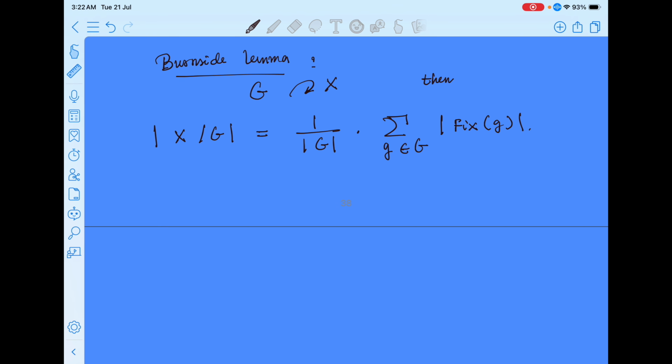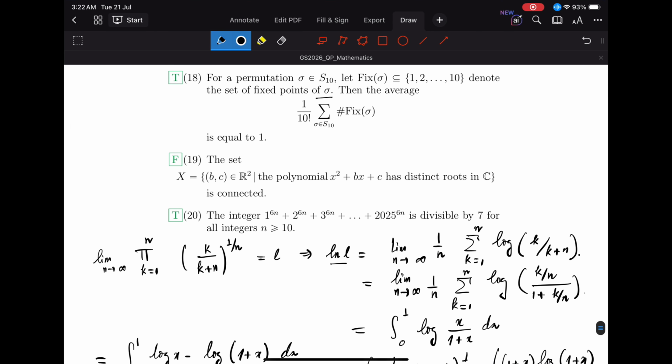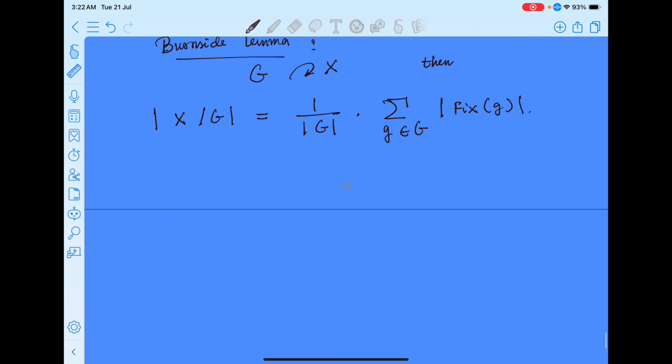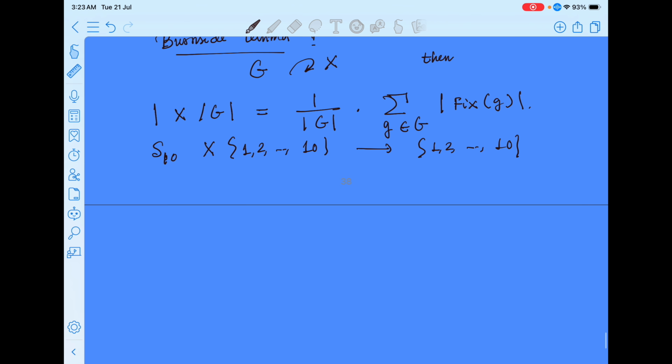Now to use this, see, this problem is very straightforward. If you know Burnside's lemma, you can just do it quickly, right? So let's say S10 acts on the set 1, 2, up to 10. What is the number of orbits in this action? The number of orbits is 1.